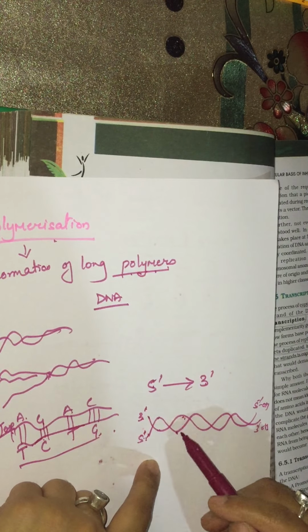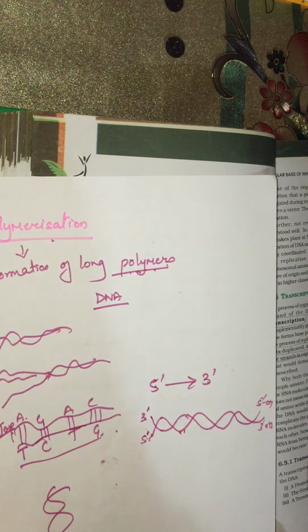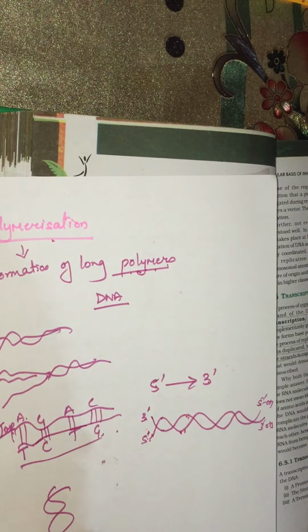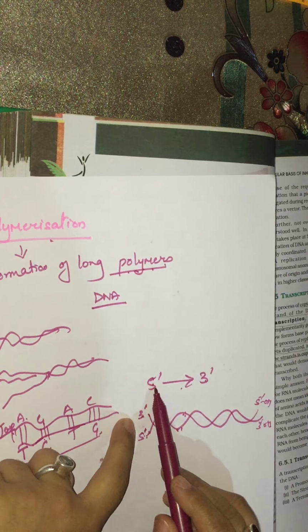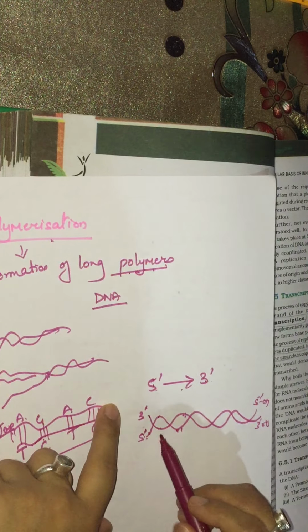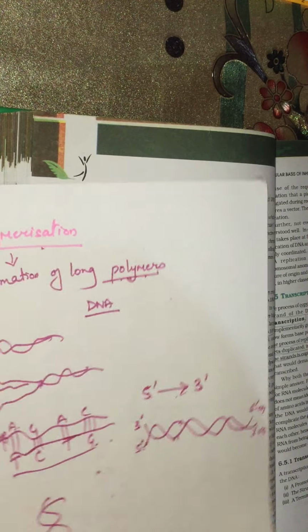The two strands of DNA are anti-parallel. I've already told you in the previous videos, you can check. Now here it is saying polymerization of DNA always takes place from 5' to 3'. Here is your diagram.